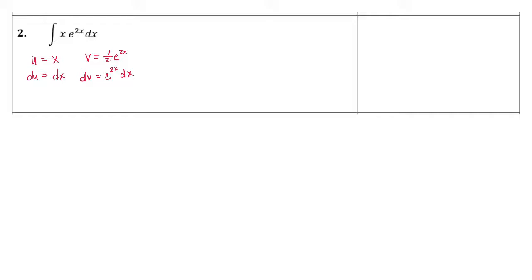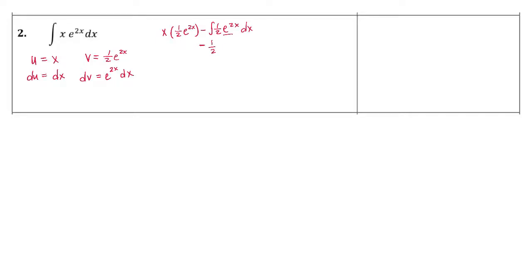And now we're ready to substitute into our formula. So we have u times v minus the integral of v du. And then this is a lot easier for us to integrate. So here I'm just going to bring down minus, and we'll move out that 1/2.